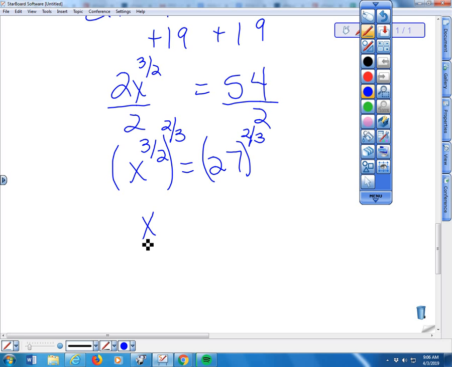Now, if it helps you, I can see this and I know exactly what the answer is. But if you're not there yet and it helps you, put it in a root. This means the cube root of 27 squared. What's the cube root of 27? 3. What times what times what is 27? 3. And 3 squared?